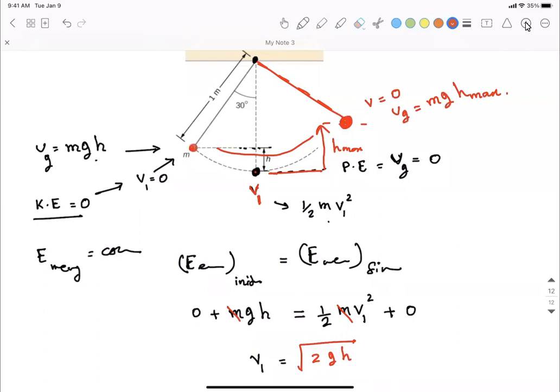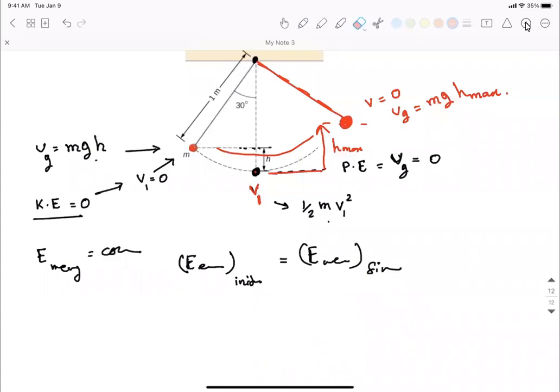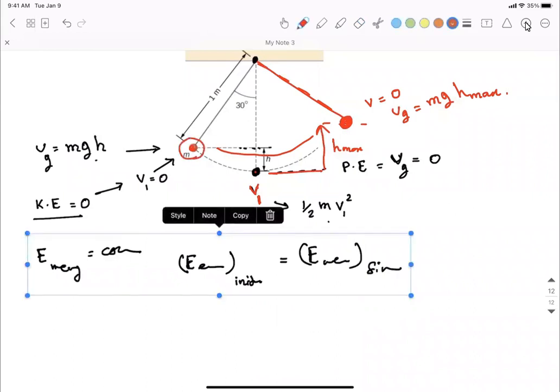Now we can consider initial and final. We can go back to our previous setup. Either you could talk about your initial situation right here and final situation right here, or this is your initial situation, and this is what you need to find, the final situation.